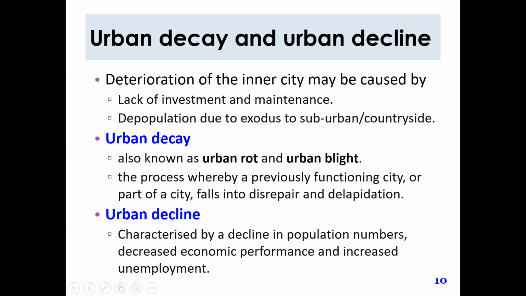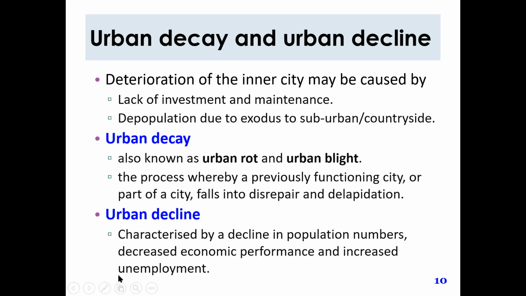Okay, now decay, urban rot, this is the physical element of the deterioration just now. Urban decay, the process whereby a previously functioning city or part of a city falls into disrepair and dilapidation. So like I said before, more physical, disrepair and dilapidation refers to the poor physical condition of the city, or part of the city.